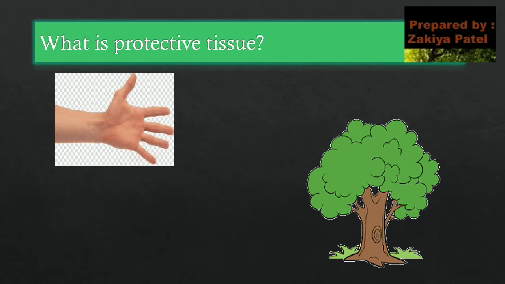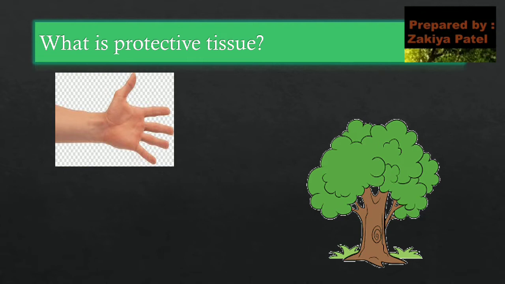Like humans, plants also have different protective layers at different parts of the plant, such as roots, stems, leaves. All the parts of the plants have different protective layers. These protective layers protect the plants from diseases and damage.